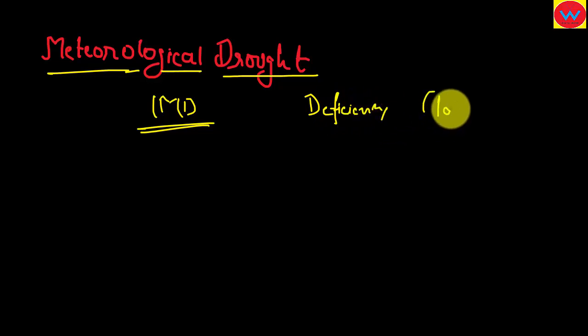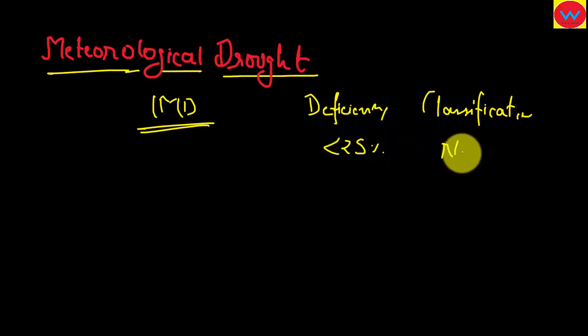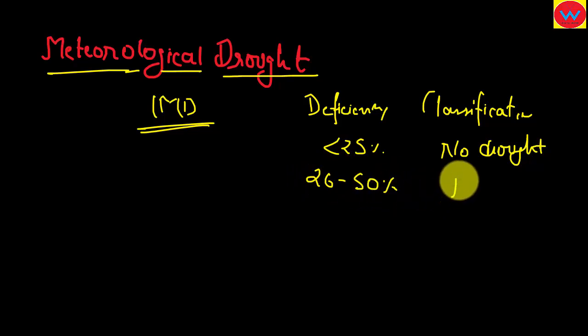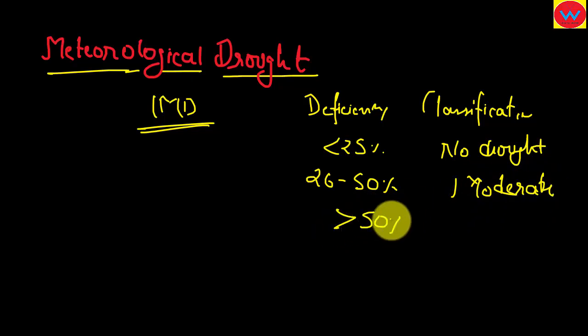If deficiency is less than 25%, then there is no drought. If it's greater than 25, basically 26 to 50%, then we say you have moderate drought. And if deficiency is greater than 50%, then the drought condition is very severe.